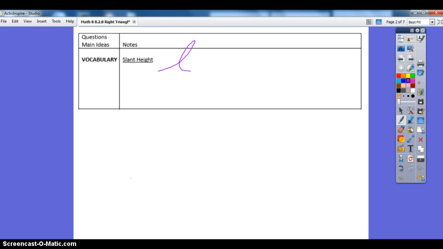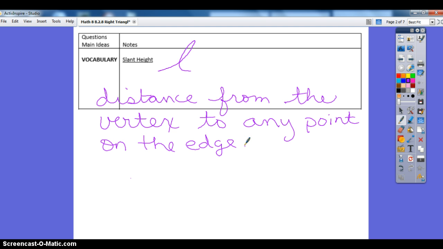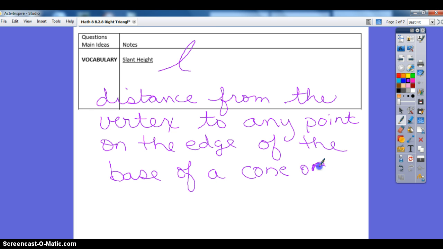Slant height is always the cursive letter L, and it is the distance from the vertex to any point on the edge of the base of a cone or pyramid.